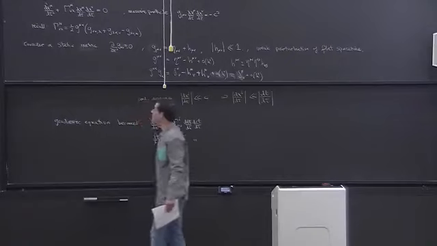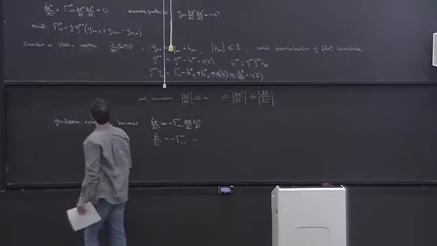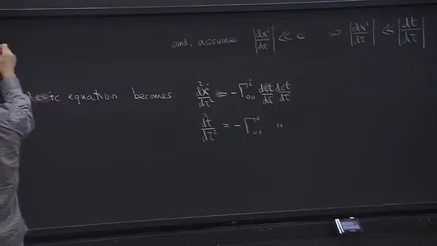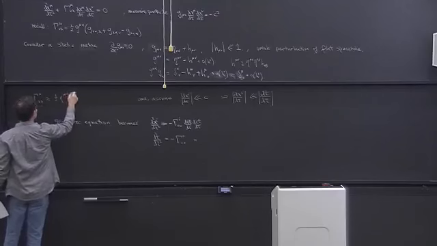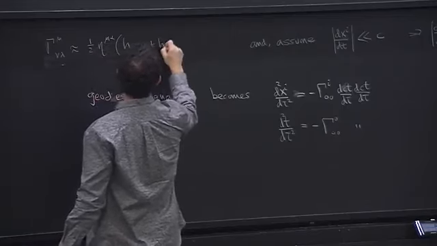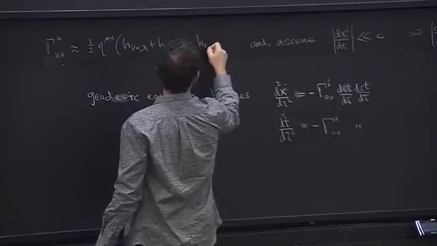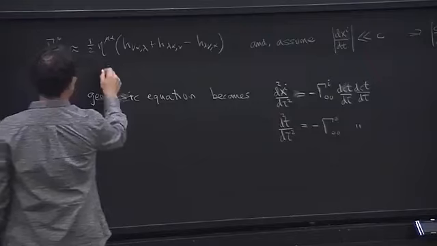The upper index, if it's 0, then you see this: gamma for weak fields, gamma mu nu lambda, is approximately 1/2 eta mu alpha times h nu alpha lambda plus h lambda alpha nu minus h lambda nu comma alpha, plus order h squared.